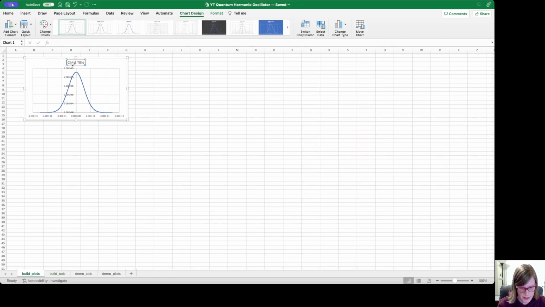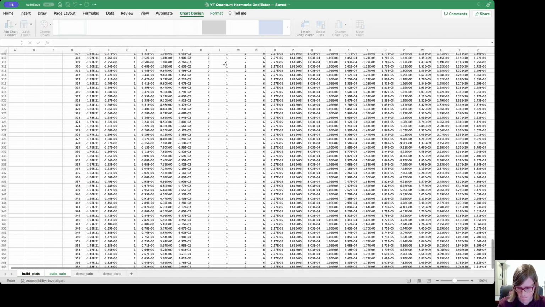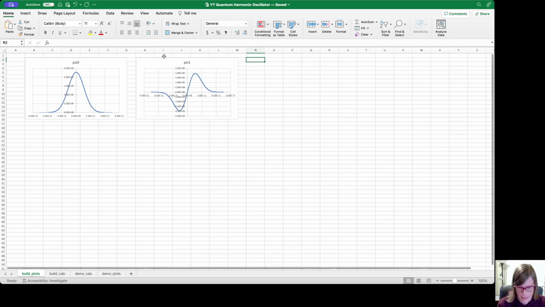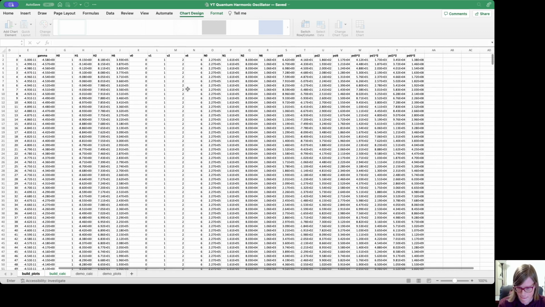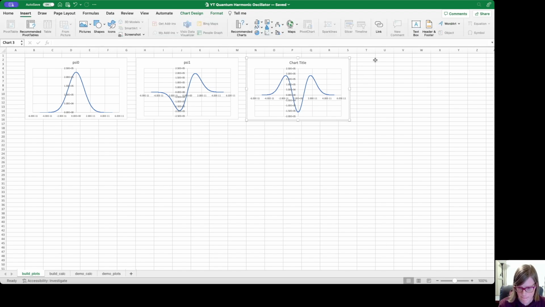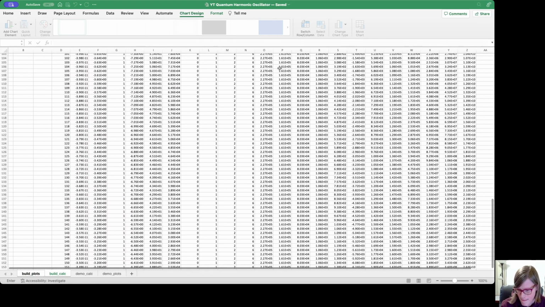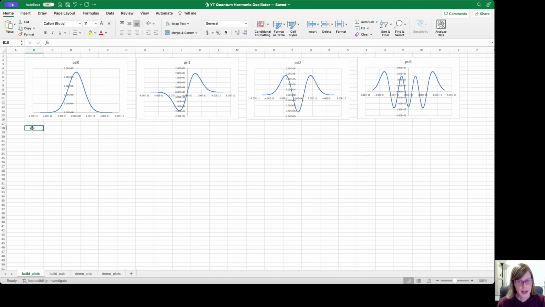And there's psi0. Okay, so let's move on and make the plots of the square of the wave function.